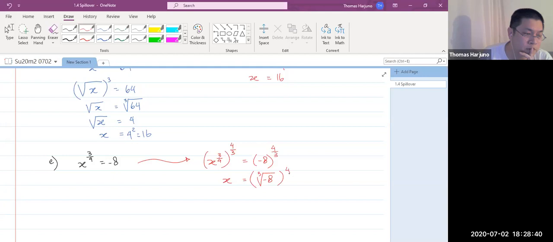Is that right? And that is equal to (-2) to the power of 4. x equals +16.